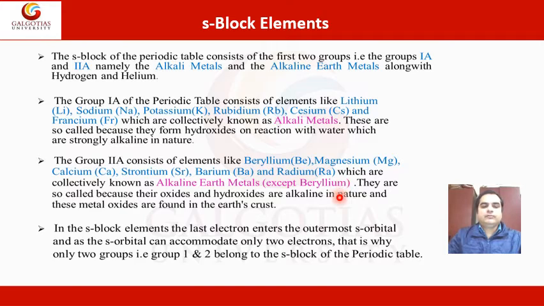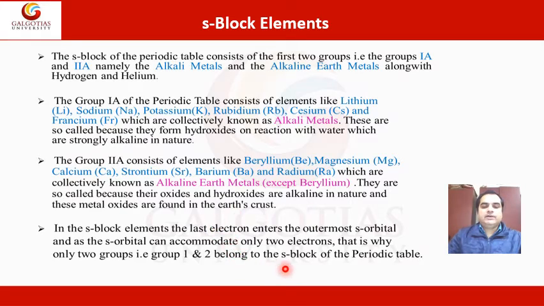Why are they called alkaline earth metals? Because their oxides and hydroxides are alkaline in nature, and these metal oxides are also found in the earth's crust. That's why we call them alkaline earth metals.